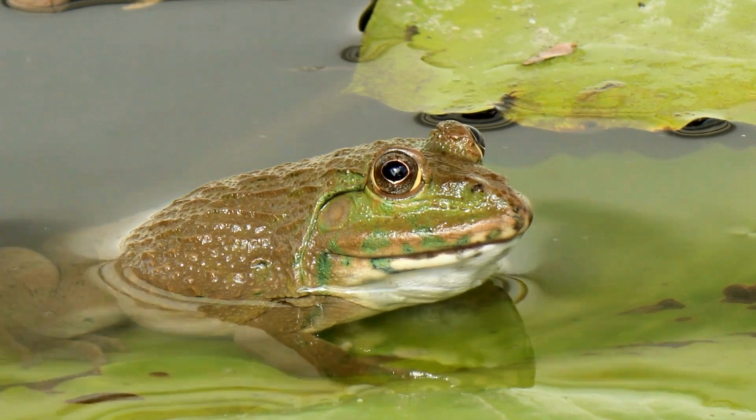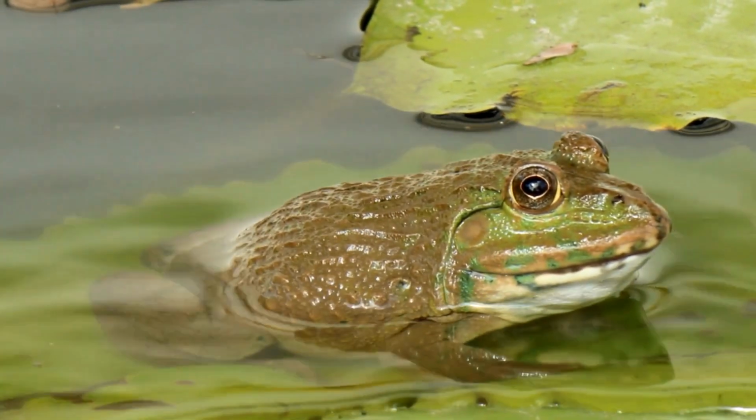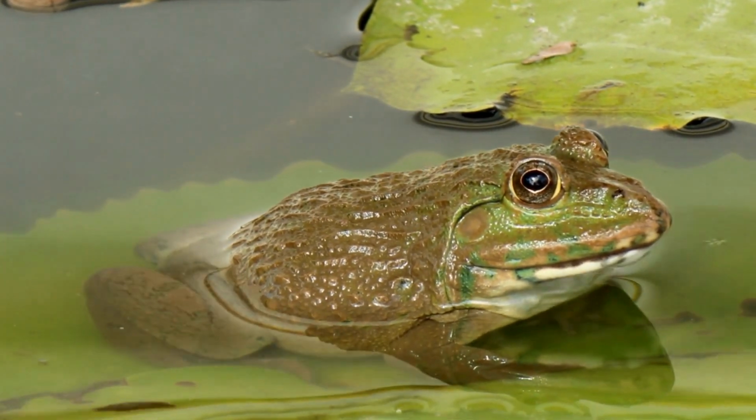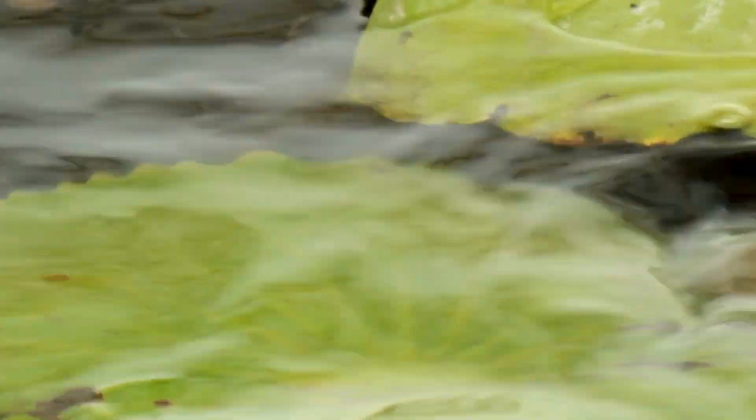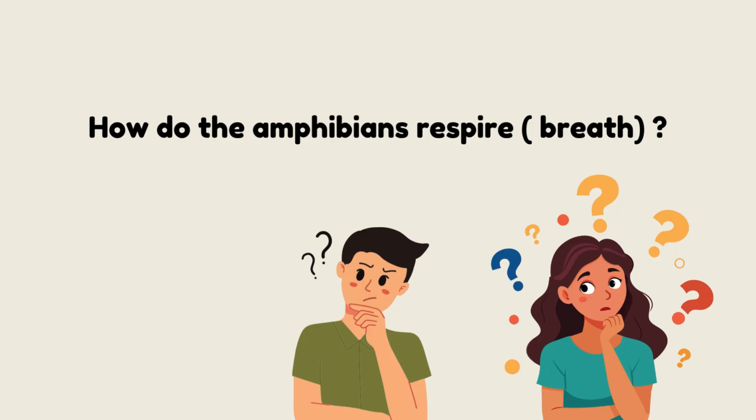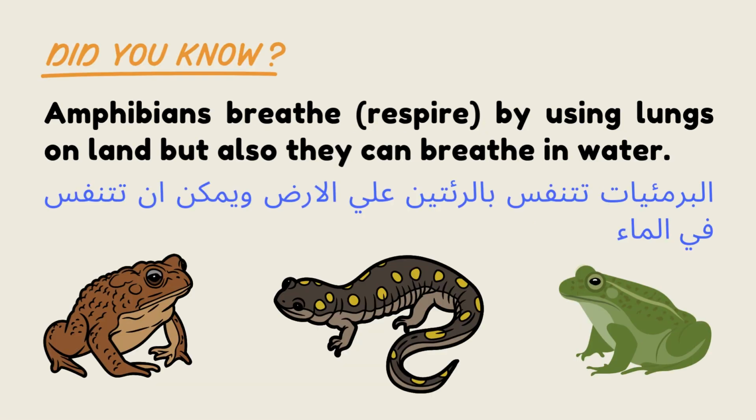Amphibians live in both land and water. So here we have an important question: how do amphibians respire or breathe? Amphibians respire by using lungs on land, but they also respire in water. So how do they respire in the water? Do amphibians have gills like fish?